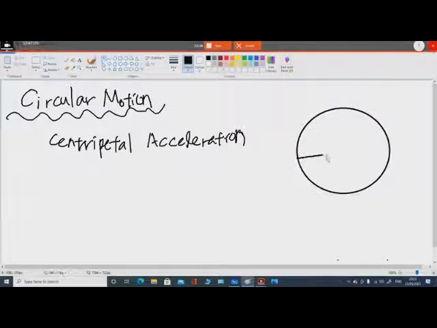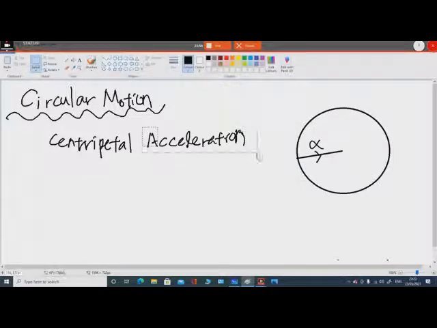So this one is a line which is joining to the center. As we mentioned just now, the acceleration is actually pointing towards the center of the circle. Basically, I wrongly write again.